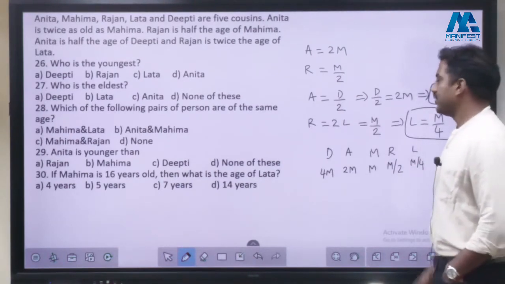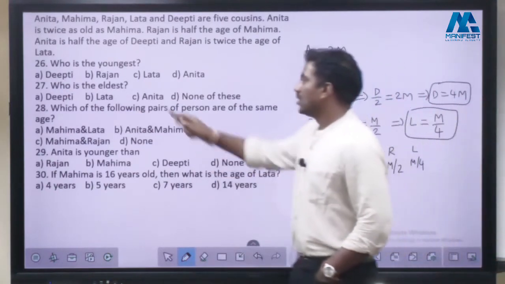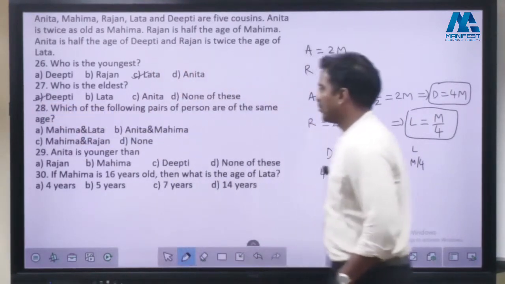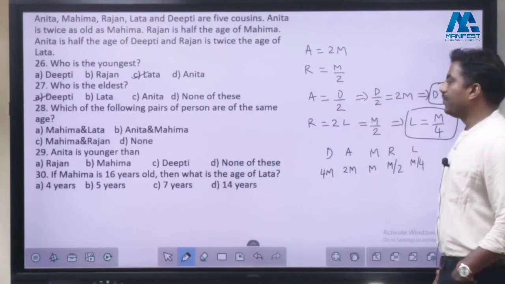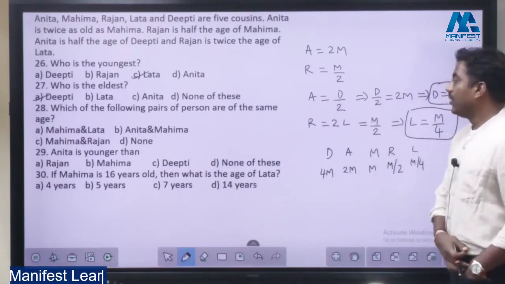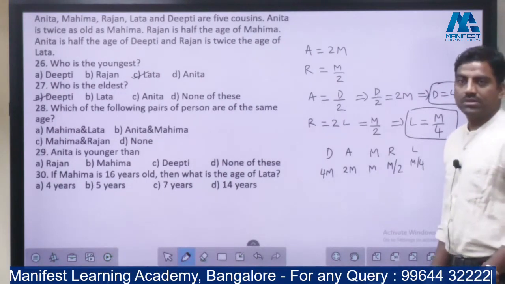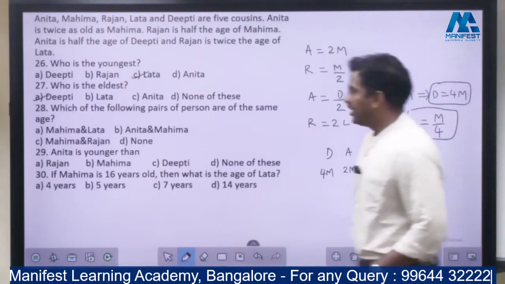Now who is the youngest? Lata, no? Who is the eldest? Deepthi. Which of the following pairs of persons are of the same age? None of them are of the same age. They have different ages.